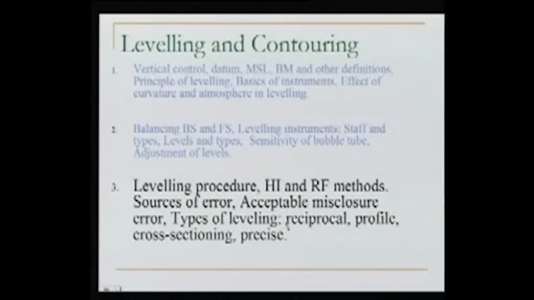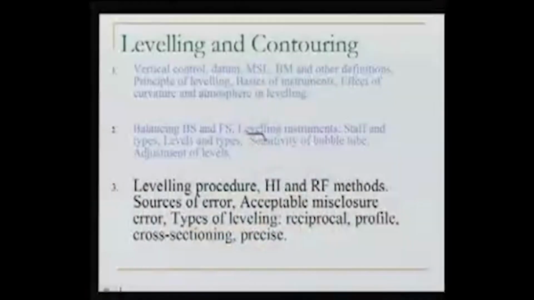What we have done so far, particularly in our last lecture, we understood the terms backsight and foresight. Why do we balance them? Then we also looked into the various leveling instruments. We had the demonstration with the instrument also.